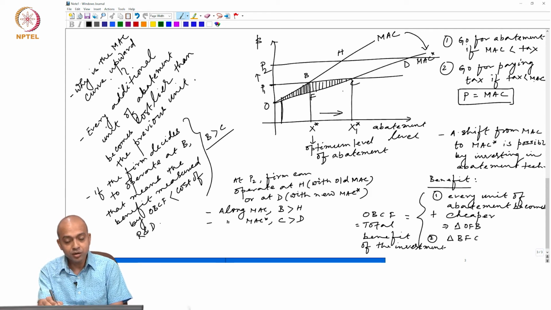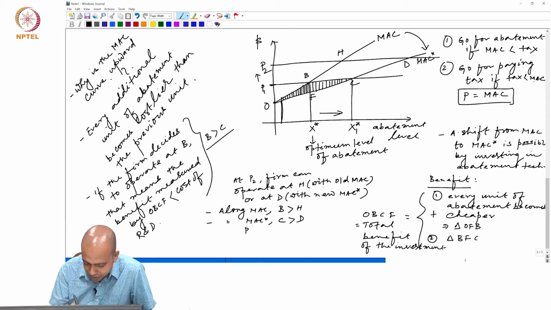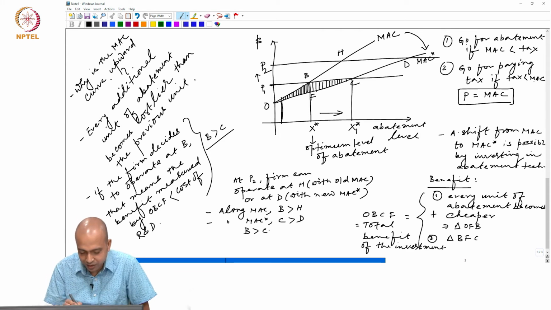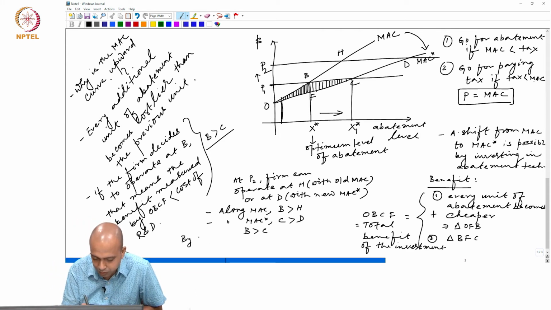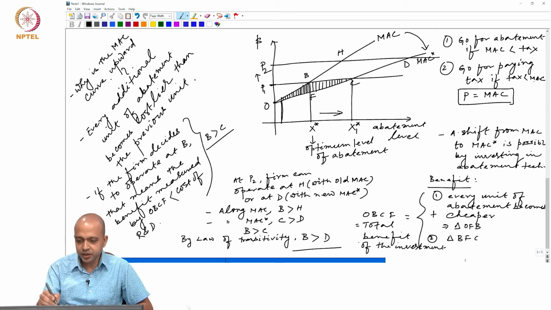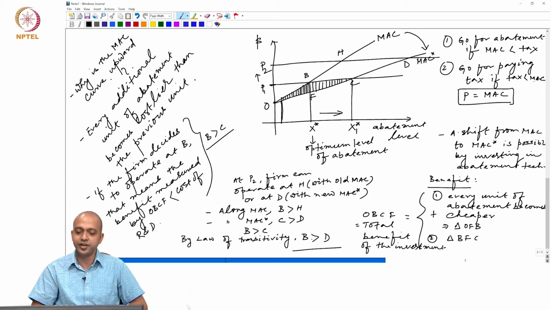Firm was not interested earlier to go for innovation because B is greater than C. Now, if you apply the law of transitivity, we can show that B is actually greater than D. B is greater than C, C is again greater than D. So, what I can say is that B is actually greater than D.